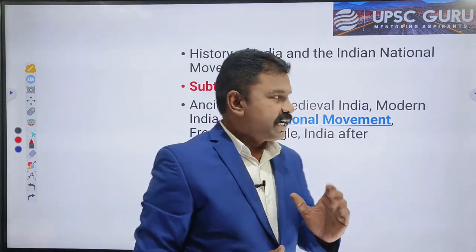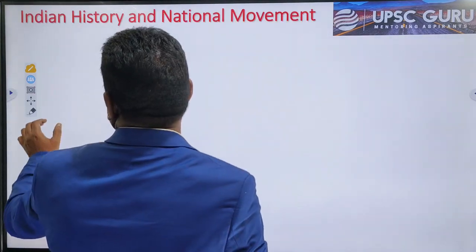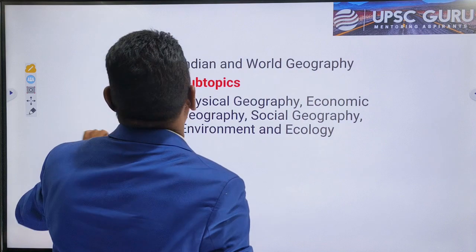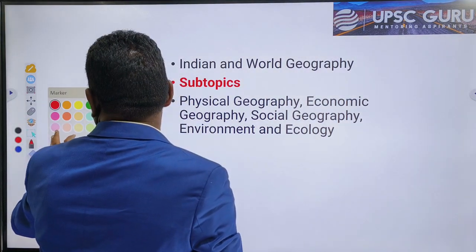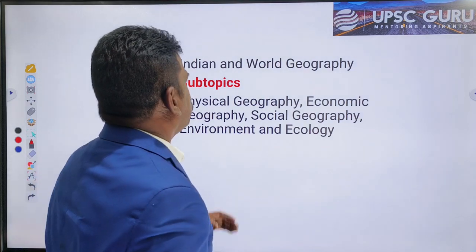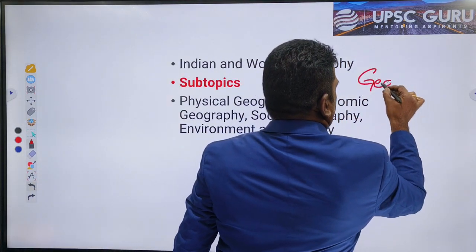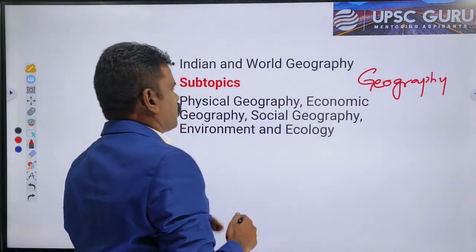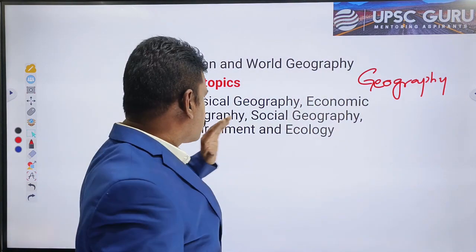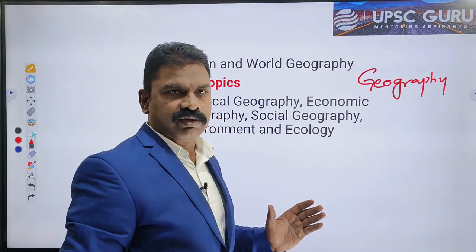After history, coming to another subject, India and world geography. This is simply called geography. In geography, the subtopics are physical geography, economic geography, social geography, and environmental and ecological geography.